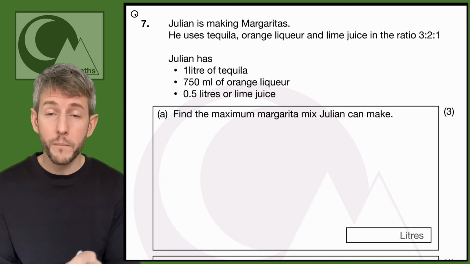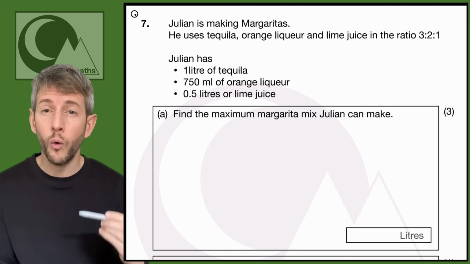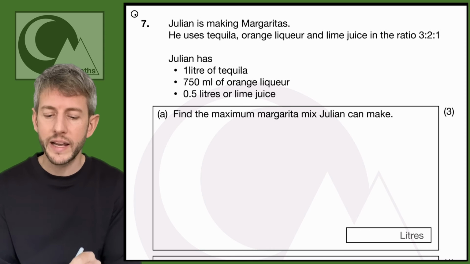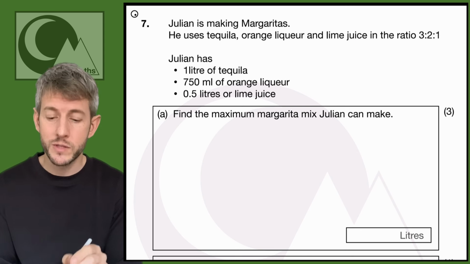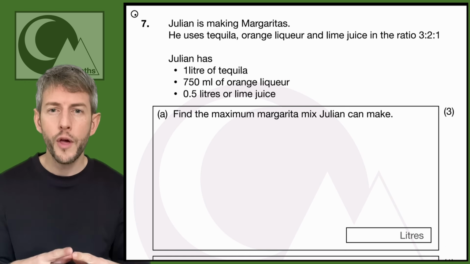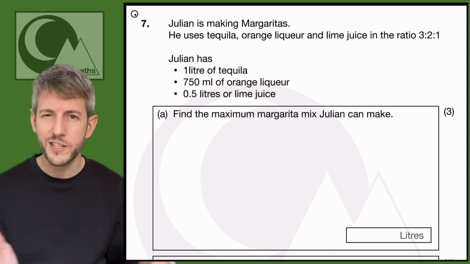But actually, what I've noticed is the first thing we need to do is make sure all of our ingredients are in the same unit. We've got 1 litre, 750 mils, and 0.5 litres. I'm going to convert everything to millilitres because although the numbers will be a bit larger, they won't be decimals, so I think it will be easier to follow.